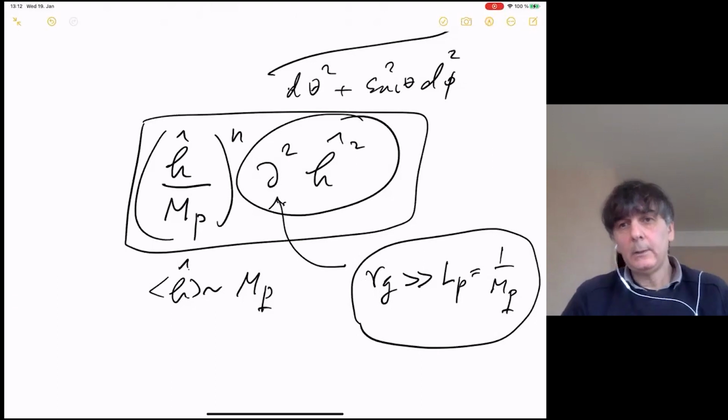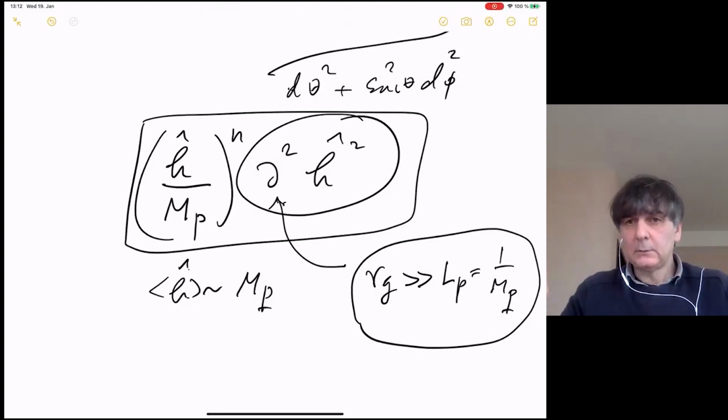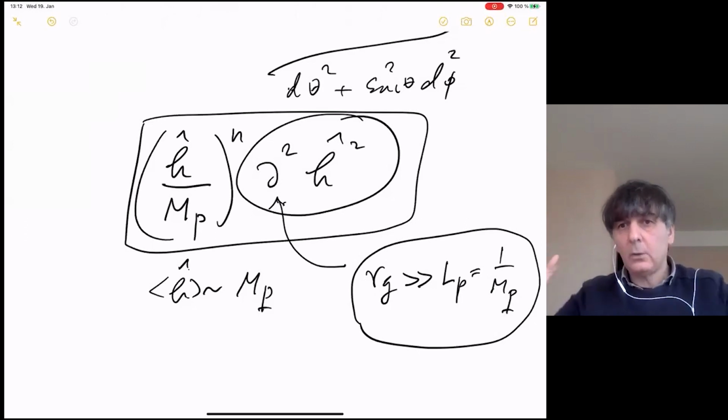In standard classical GR we understand this from the fact that, if the black hole is large, tidal forces at the horizon are not noticeable.